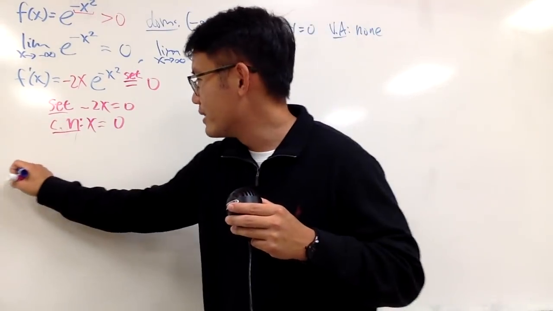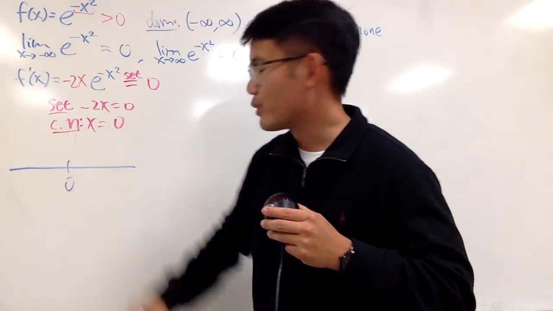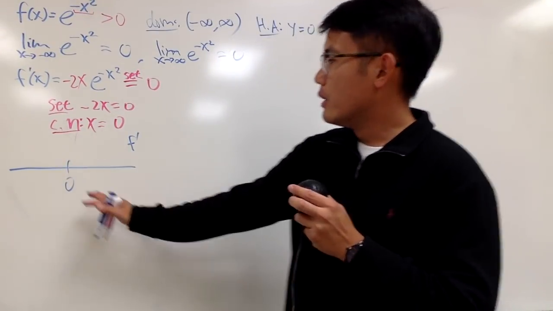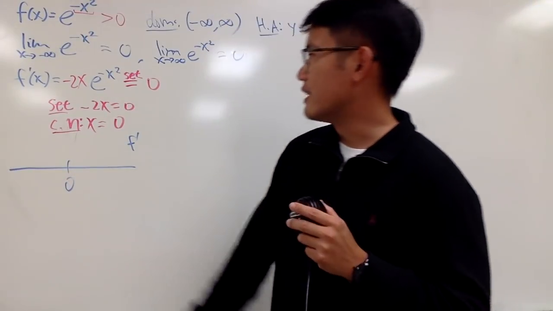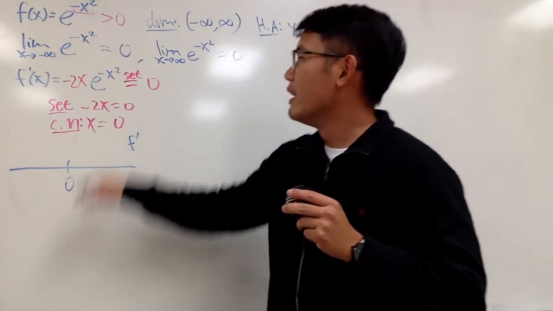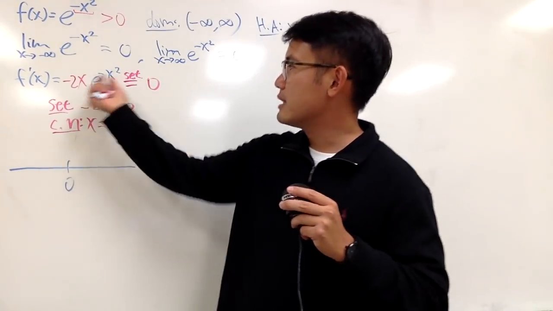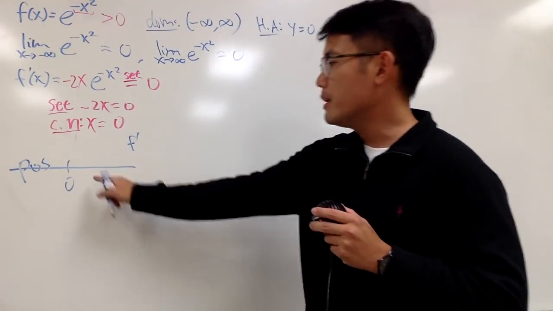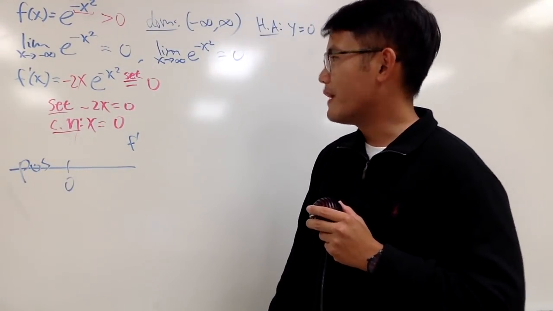And now I can draw the number line, mark 0 right here, and then f prime. Let's do the first derivative test. Pick a number less than 0, let's say negative 17. Plug into here, negative 2 times negative 17 is positive. This right here is always positive, so positive times positive gives you positive. And pick a number bigger than 0, let's say 125.